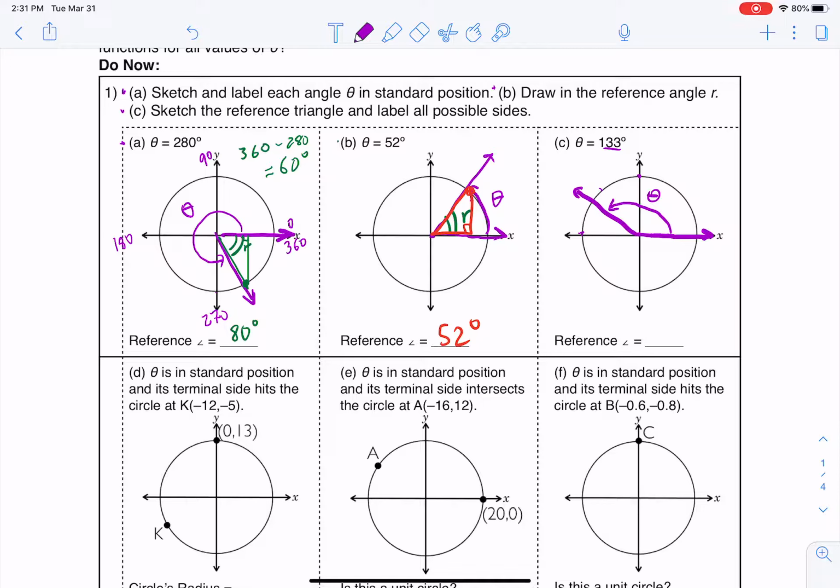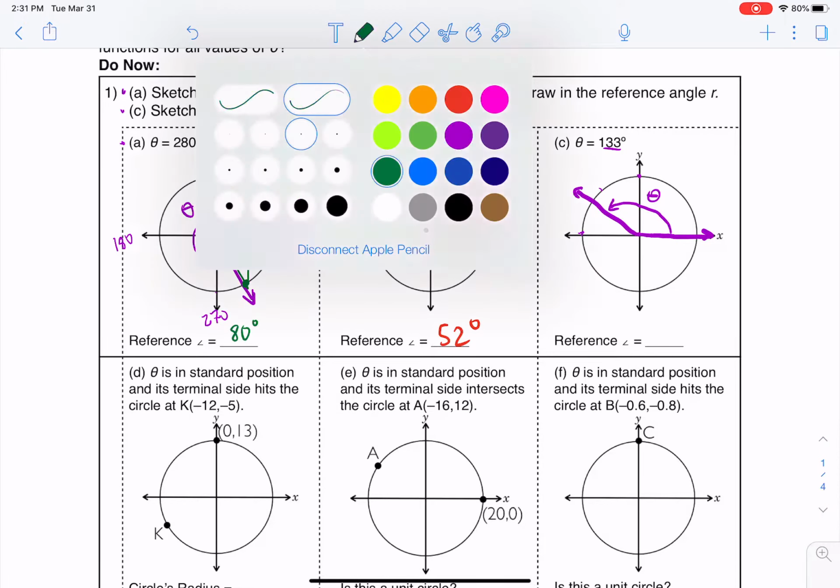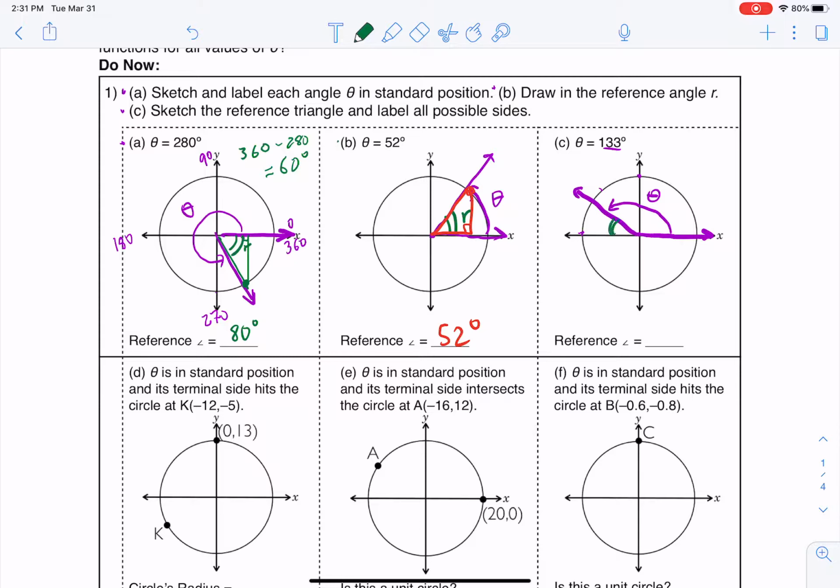My reference angle is the acute angle formed here. And now my reference triangle is this. To calculate my reference angle here, I would need to travel an additional 47 degrees to get to 180. To calculate that mathematically, just 180 minus 133, which is 47 degrees.